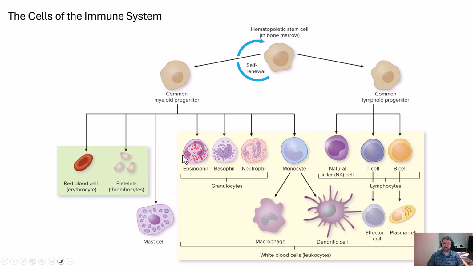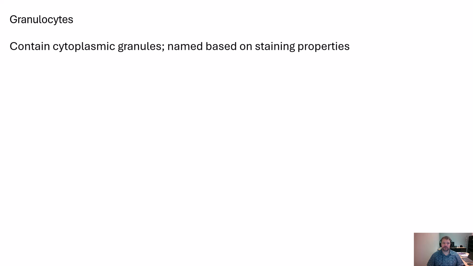Same thing that eosinophils, basophils, and neutrophils do. Very similar process. Digestive enzymes, that's what the granules are. They'll break down proteins, lipids, nucleic acids, carbohydrates, cleave them off, and then present them to the adaptive immune response. So let's dive into these a little bit more.